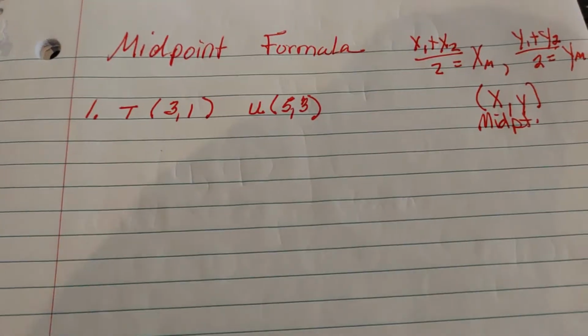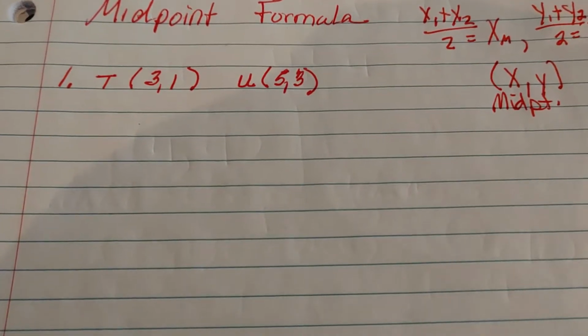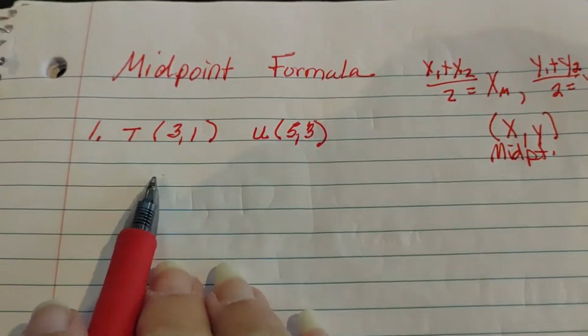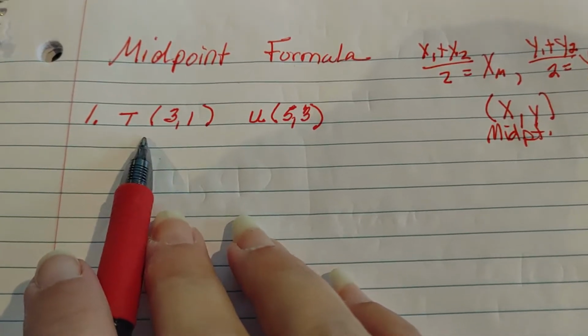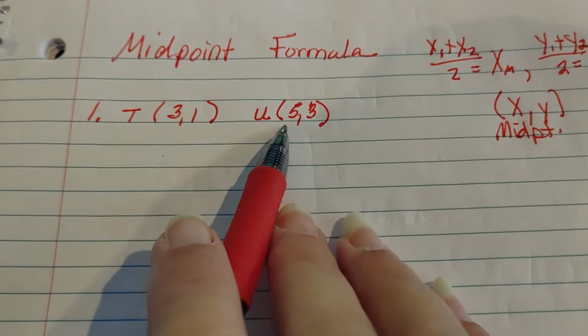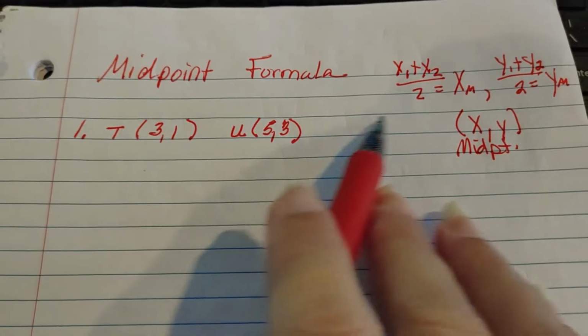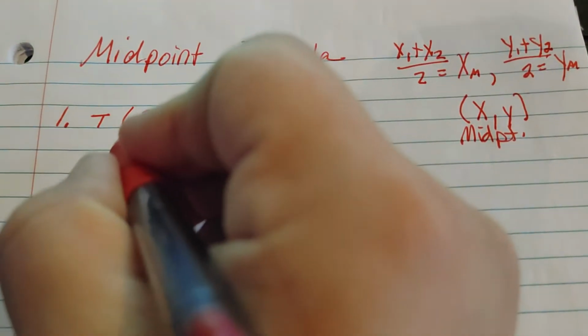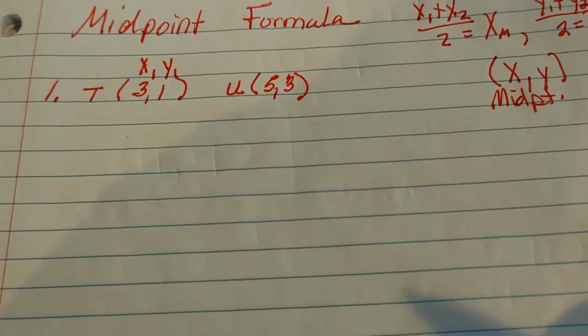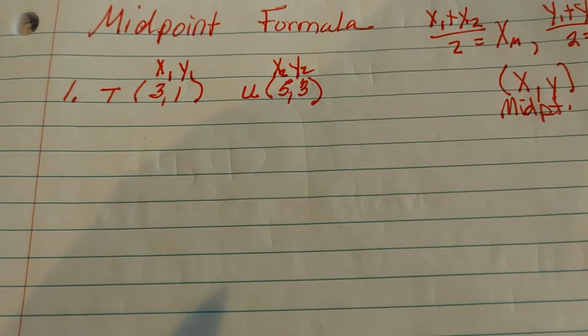Okay? So here from your worksheet, I took the first problem, which is T is (3,1) and U is (5,3). We're going to add our x's and y's. First, I'm going to mark them. This is x and this is y from my first point. This is x and this is y from my second point.